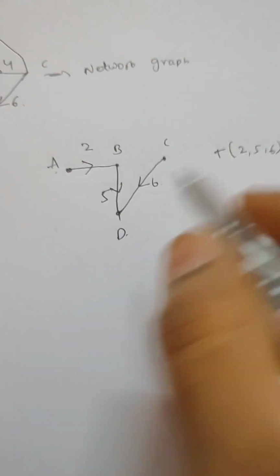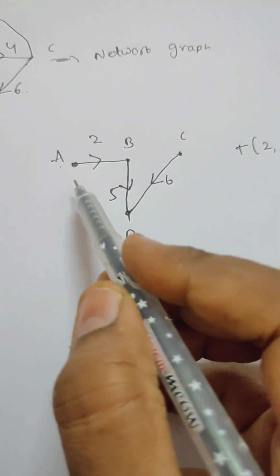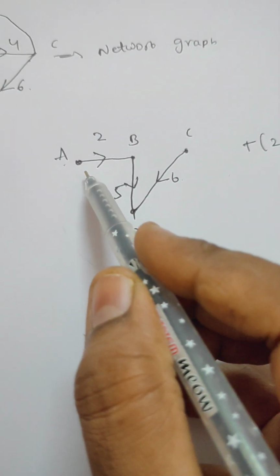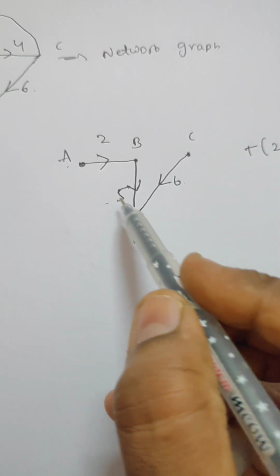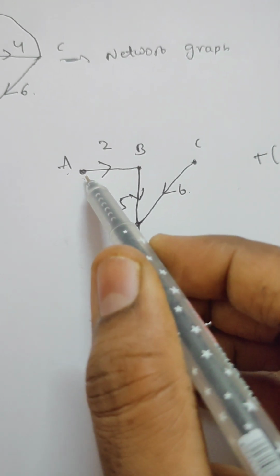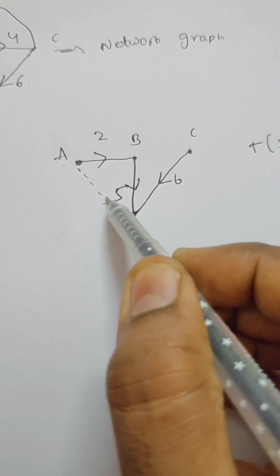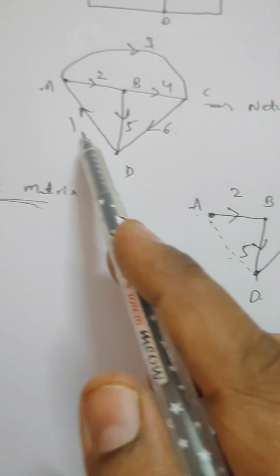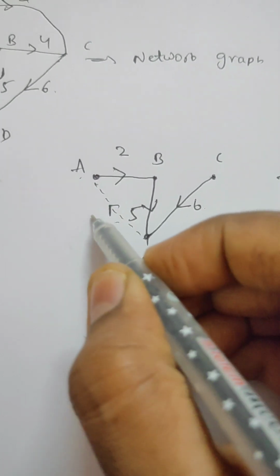After drawing the tree, we have to identify how many links there are. Links are nothing but the complement of the tree, the missing parts of the tree. Links are always denoted by the capital letter L, and are shown with dotted lines. In this given tree, this branch is missing, so we make it link 1.